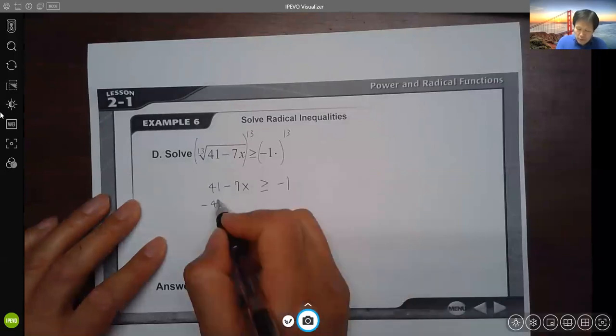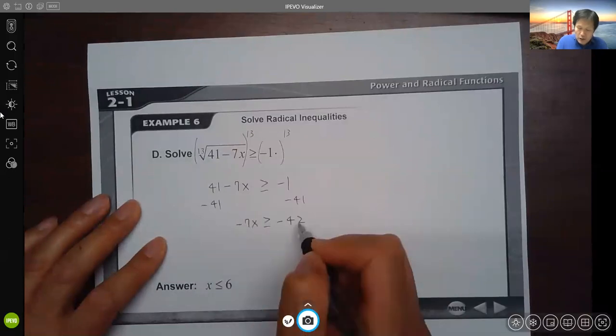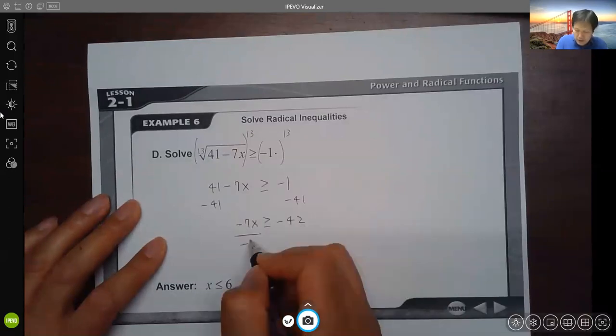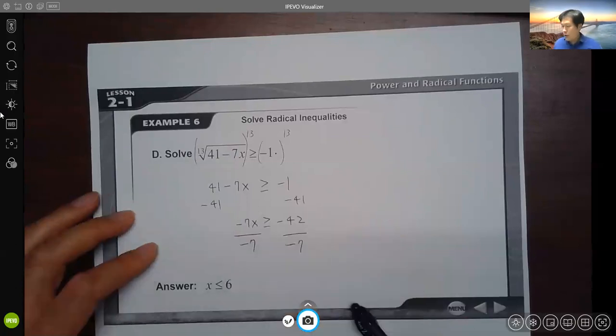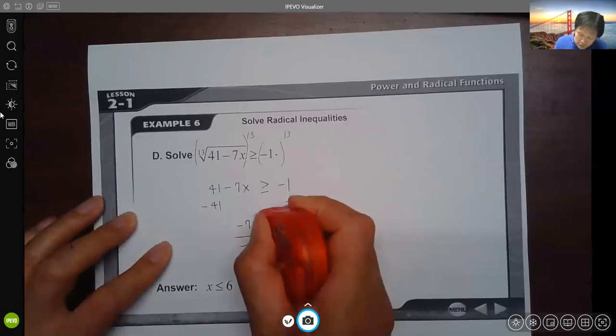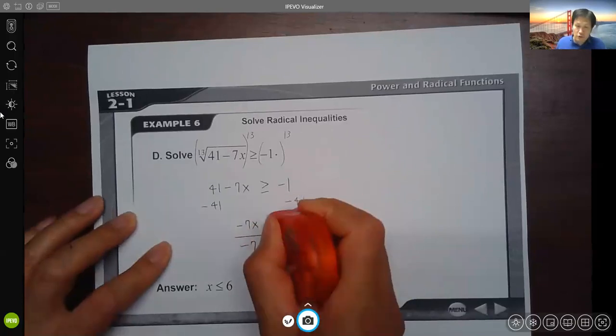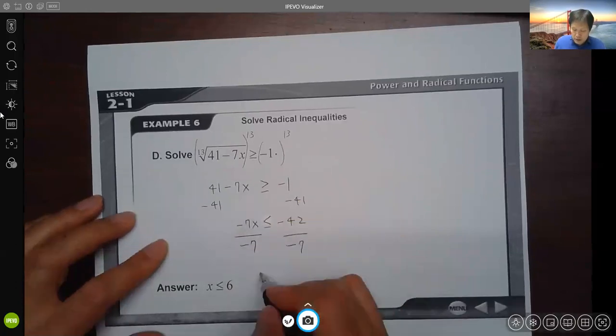Minus 41 minus 7x greater than or equal to minus 42. Divide by minus 7, divide by minus 7. Be careful. When you divide or multiply by a minus, you have to change the sense of the inequality. You're gonna flip this inequality. Otherwise, you're gonna lose it. x is less than or equal to 6.